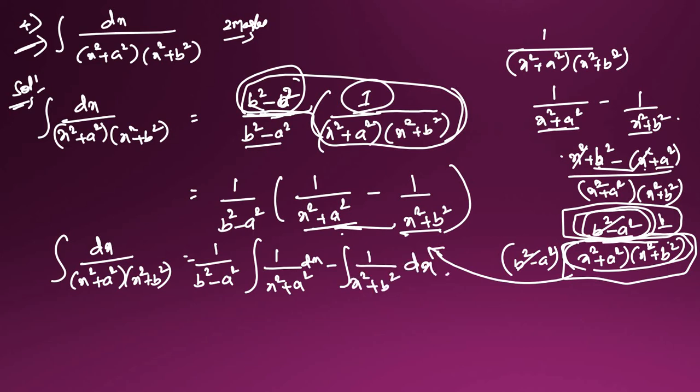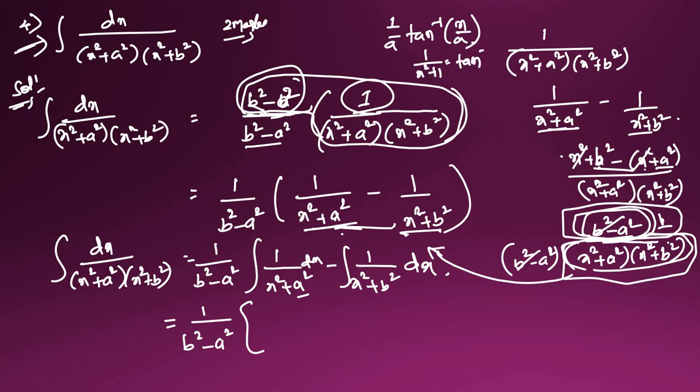So integral dx by x square plus a square is equal to 1 by a into tan inverse of x by a. See this one: if in place of a we have 1, 1 by x square plus 1 becomes tan inverse of x. So this is a formula.